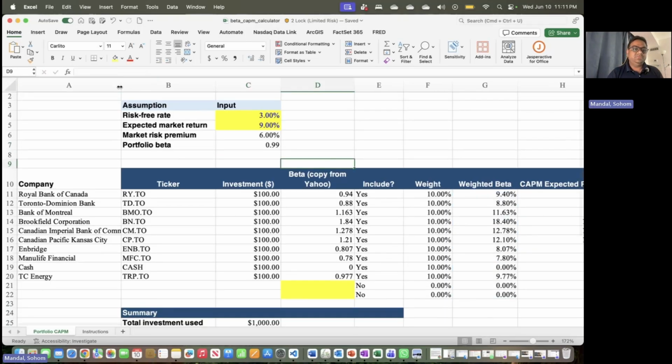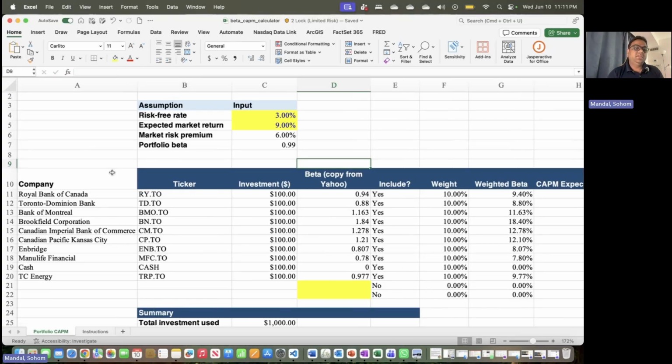These are a bunch of Canadian companies I picked: a couple of top banks, then Brookfield Corporation, CIBC, another bank, Canadian Pacific Kansas City, which is a railroad company, and Enbridge, an oil and gas infrastructure company. Manulife is an insurance company, and then in the energy sector there's TC Energy. So that's the ticker there.